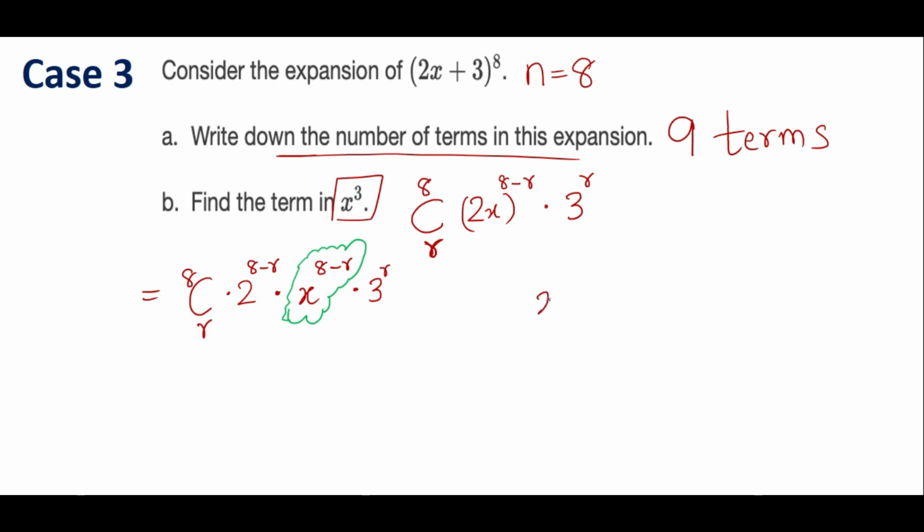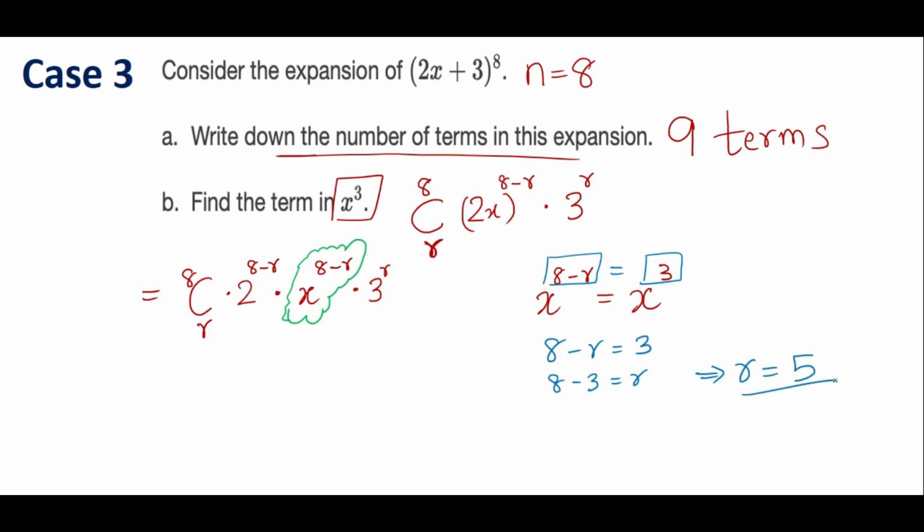So x to the power of 8 minus r should be equal to x cubed. This is what we want. Now since we are looking for a value for r here, for this to be equal to 3, I can say 8 minus r is 3, which means 8 minus 3 is r, and my r gets the value 5. Now once you have found the value for r, go back to this expression, just put the value for r and get your final answer.